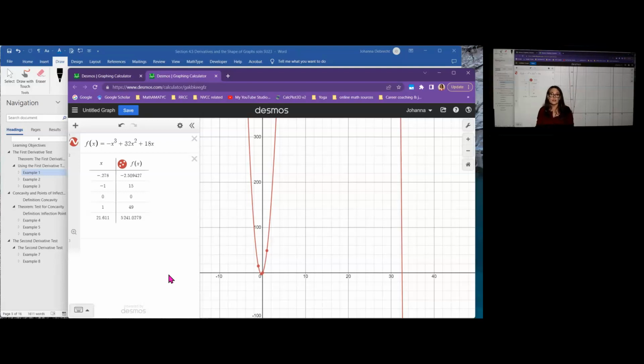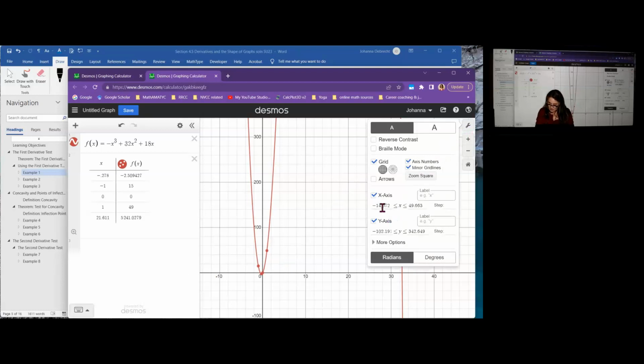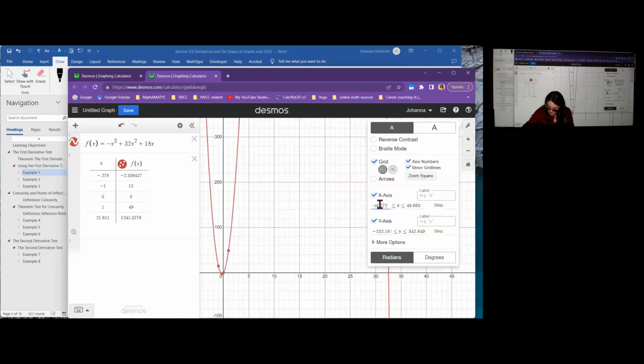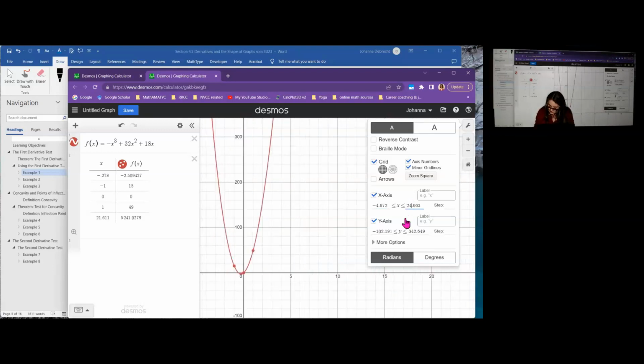Now, in order to see them both at the same time, you're going to have to play around a lot with the x and y range of the graph. We could set the x range to go from, say, -4 to, well, I've got to get past 21, so let's just say 24.